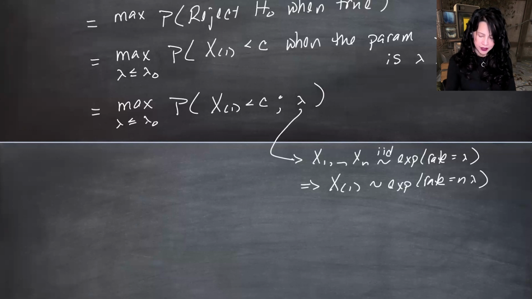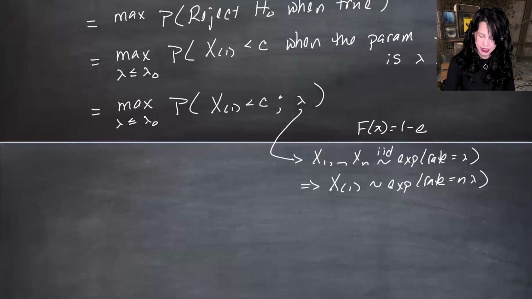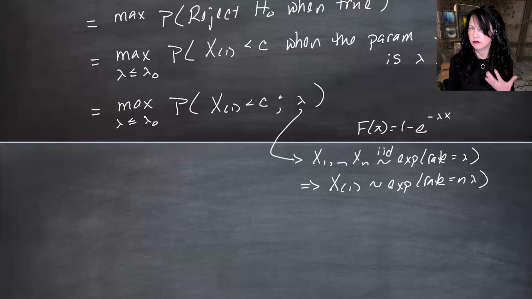But I know that the CDF for an exponential with rate lambda is 1 minus e to the minus lambda x. If you don't do the integral, it's not bad.